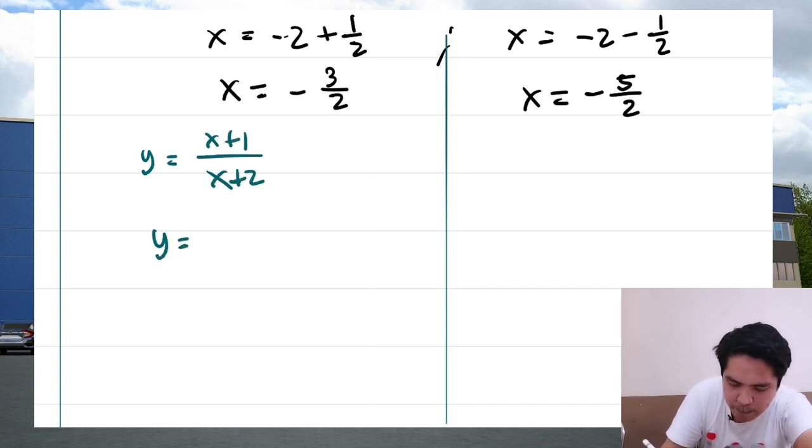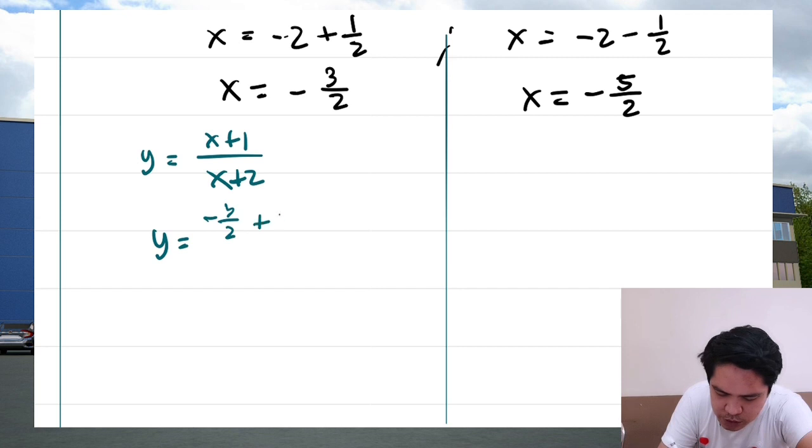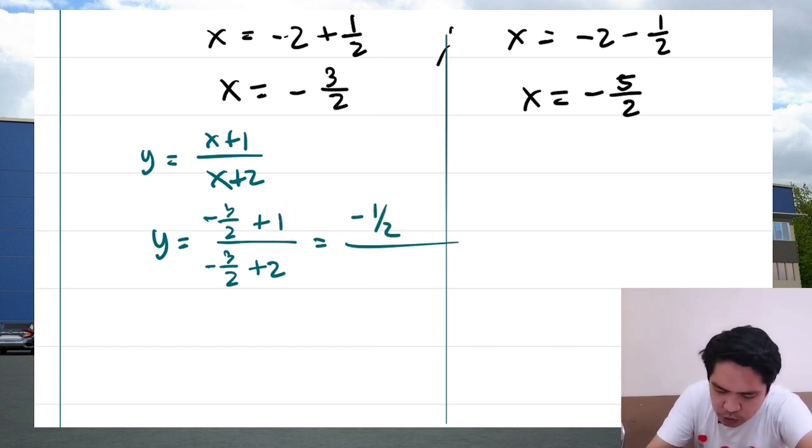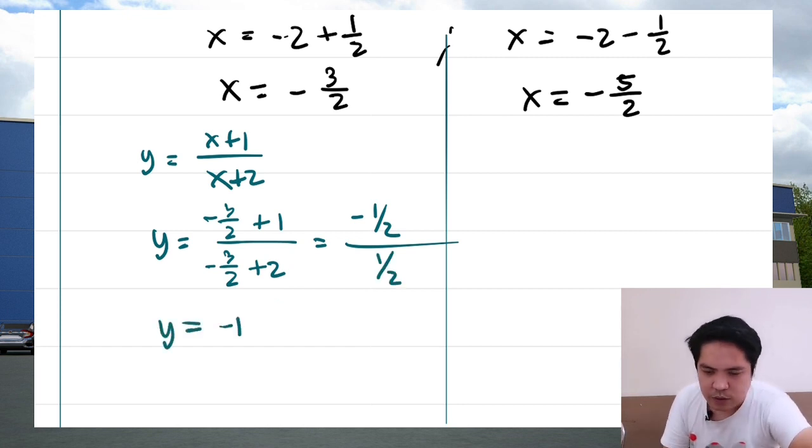So y is equal to negative 3 halves plus 1 over negative 3 halves plus 2. Let's take this as 2 over 2. So negative 3 plus 2, that's negative 1 half, over, again, let's take this as 4 over 2. So that would be 1 half. Okay, y is negative 1.